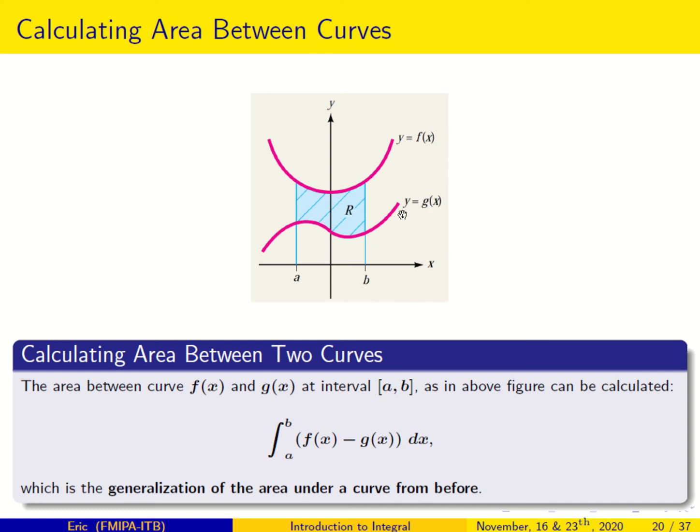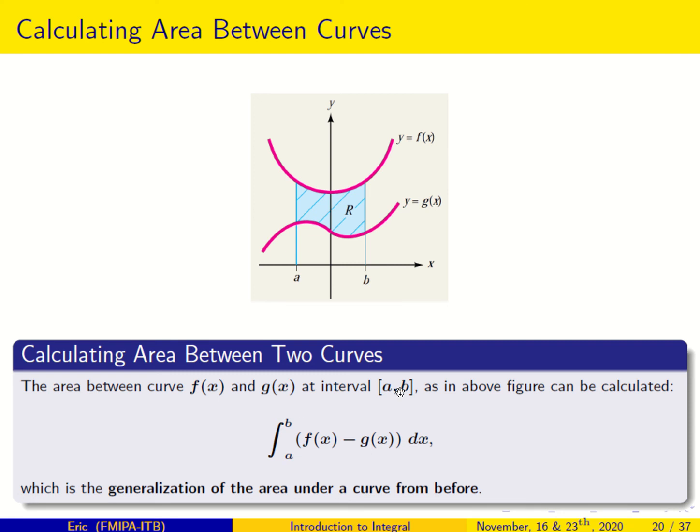And g(x) equals 0 is the x-axis, isn't it? So this is just a generalization of what we have learned before. Before it was f(x) minus 0, and now in the generalization, it is f(x) minus g(x). It makes sense: the height times the width.